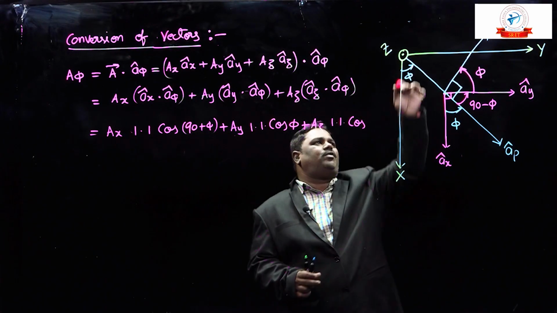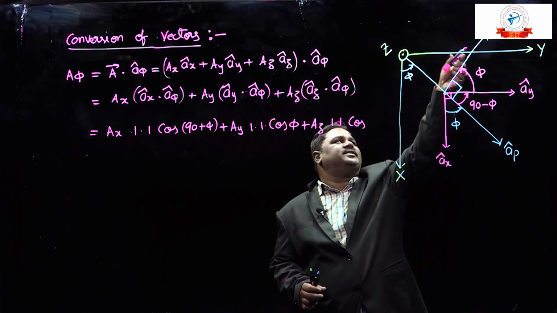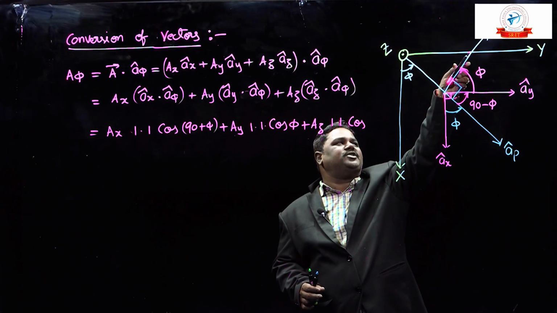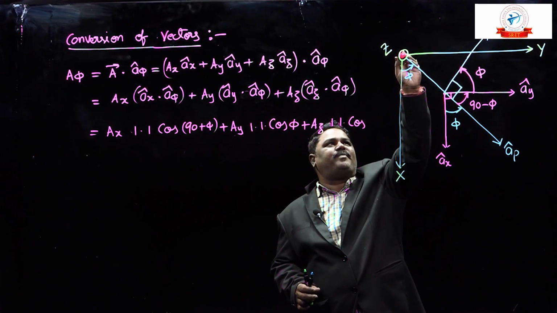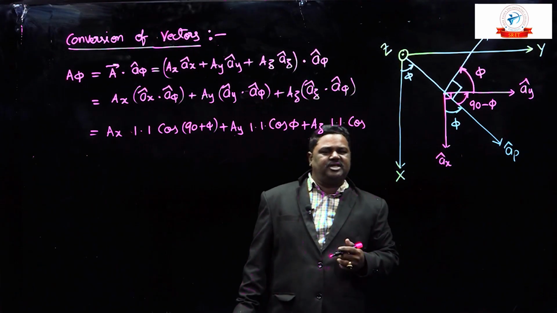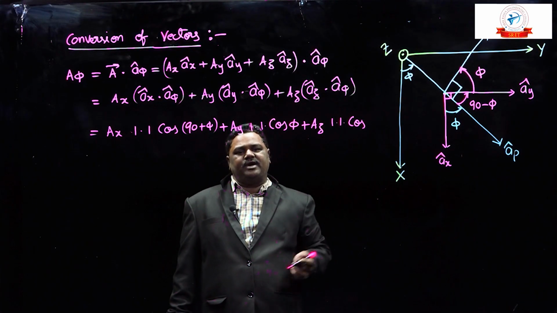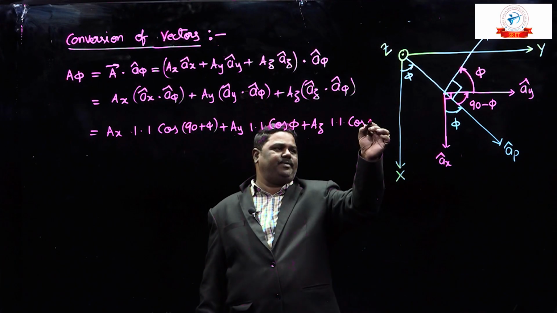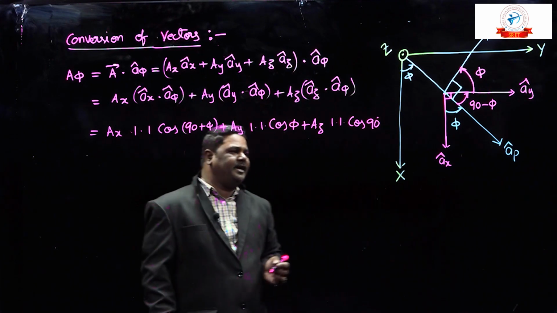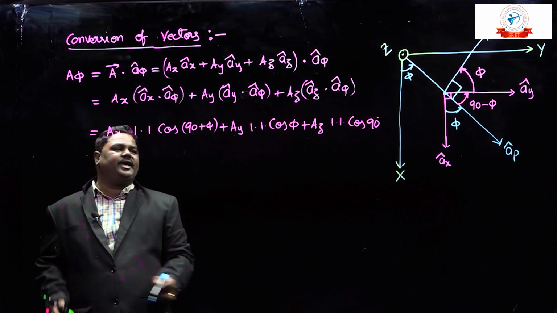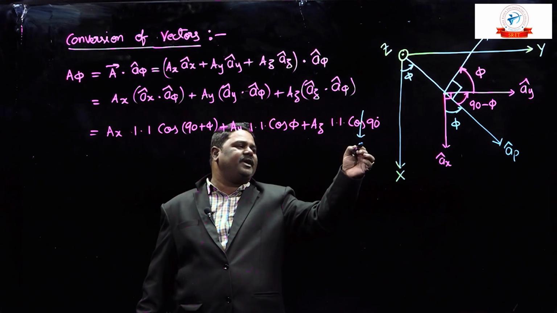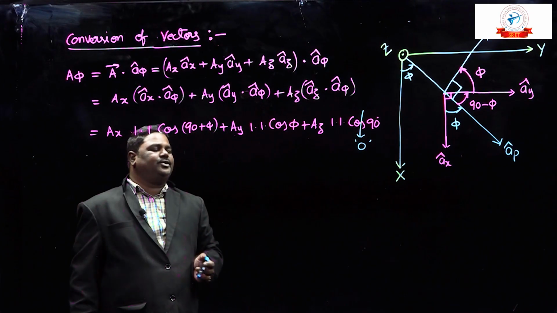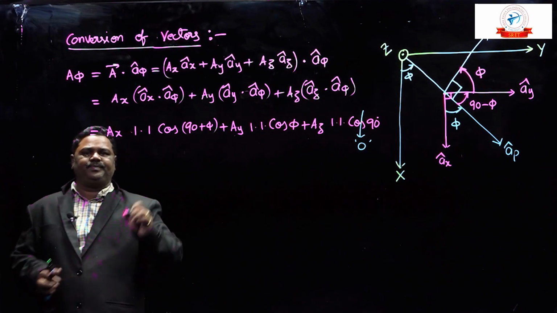Here az cap is always perpendicular to this a phi cap. Okay, a phi cap is on xy plane, az cap is perpendicular to xy plane. Or in cylindrical coordinate system, all the coordinates are mutually orthogonal. So a phi cap is perpendicular to az cap. So cos 90 will become 0. So third term will become 0.